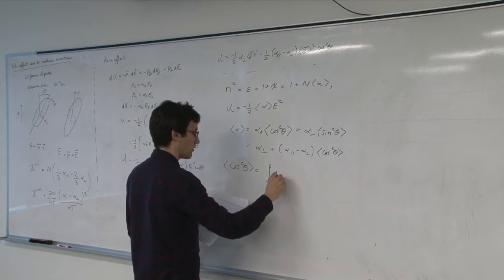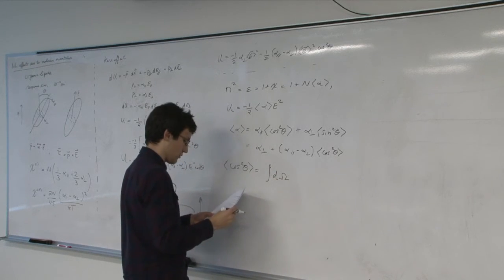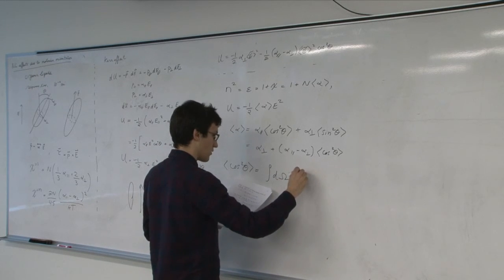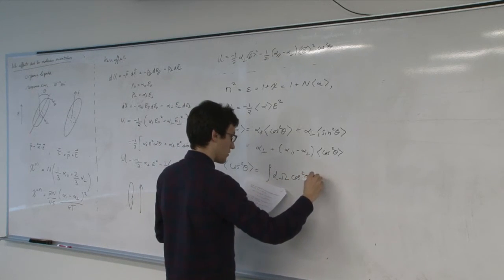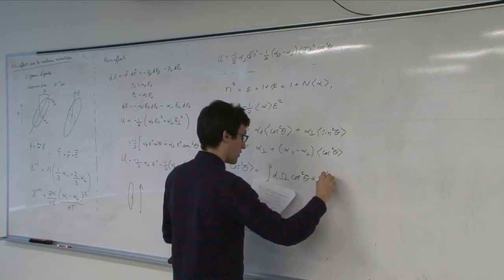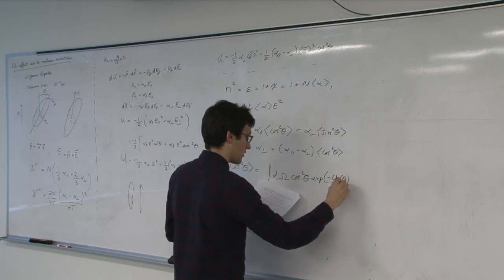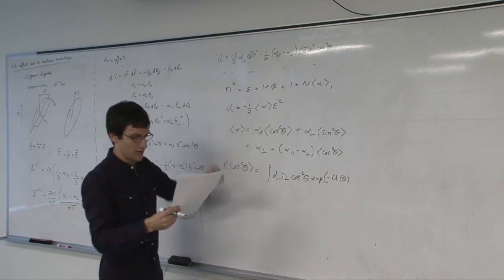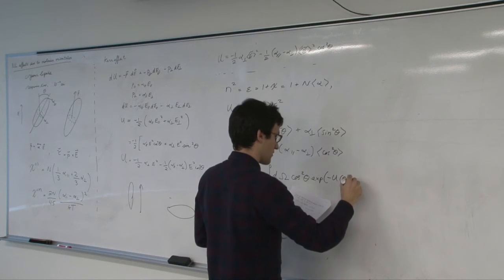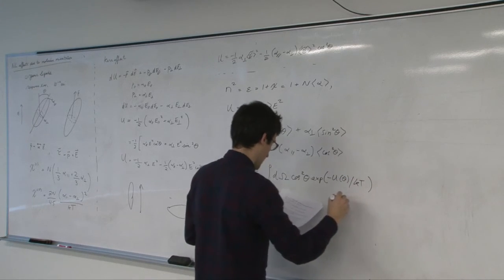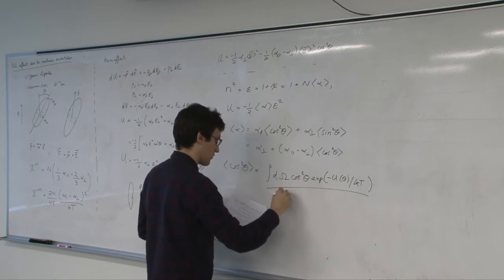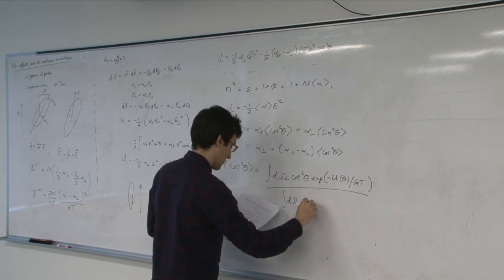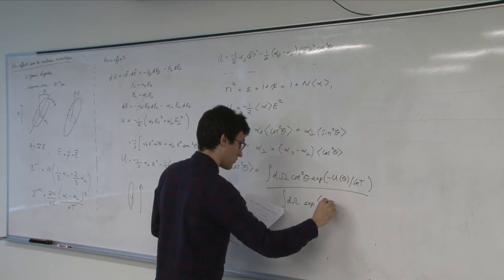This is some integral over some solid angle, cosine square theta, exponential of minus U of theta divided by kT, and divided by some kind of normalization factor.